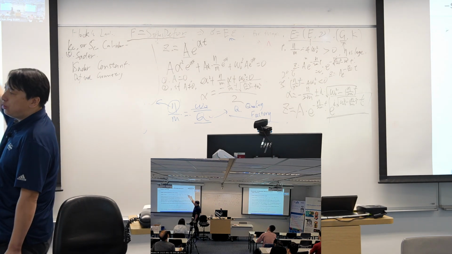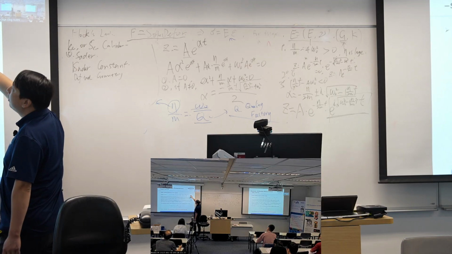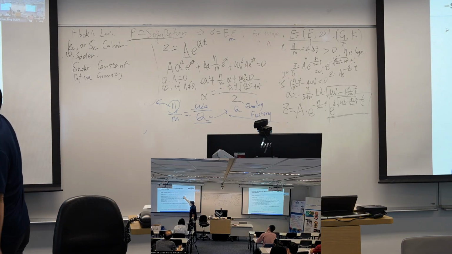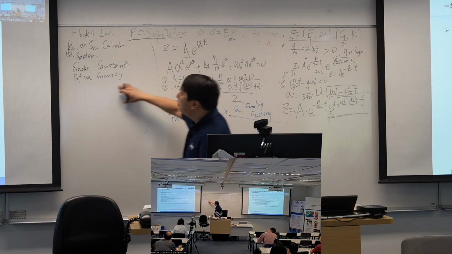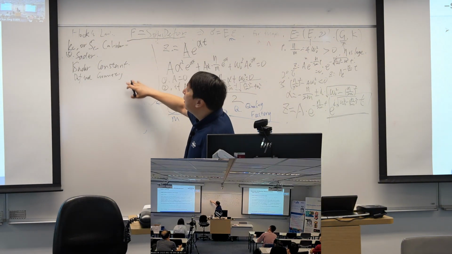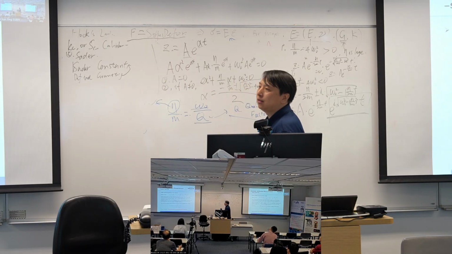And you type in the geometry of your cantilever, you type in the environment, like the Reynolds number, the viscosity, the density of your solution. And then you have defined geometries. And from this, he can calculate a Sader constant.